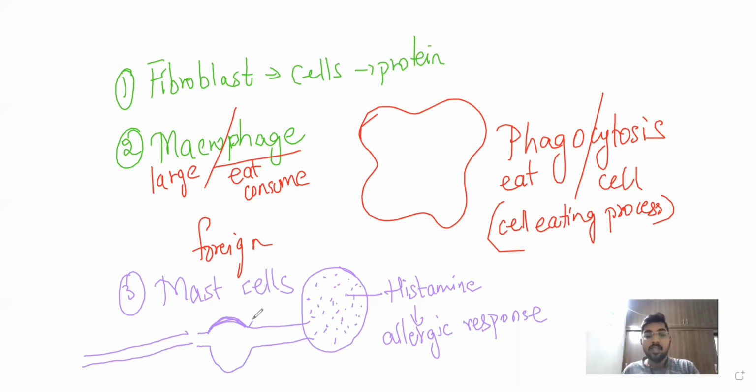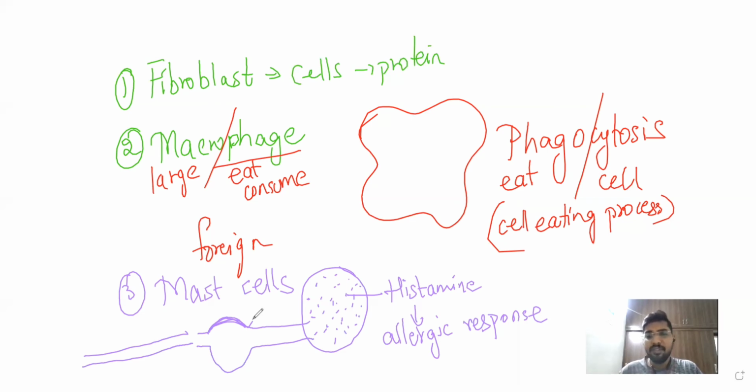That is because of the release of histamine present in these mast cells. These histamines trigger the allergic responses. This histamine is present in the cytoplasm, hence this mast cell looks granular in appearance. They are not smooth, they are granular.